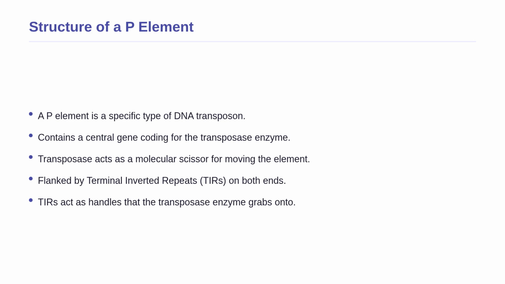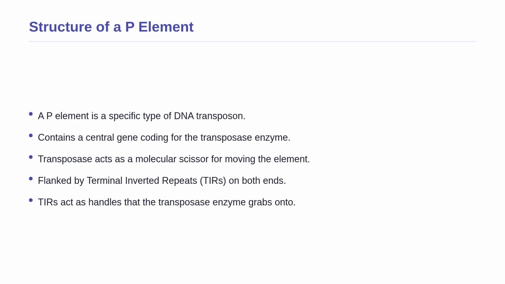Now that we know what jumping genes do, let us look at how they are built. A P element is a specific type of DNA transposon found naturally in wild fruit flies. Structurally, it is quite elegant. At its core, a complete P element contains a central gene that codes for an enzyme called transposase.